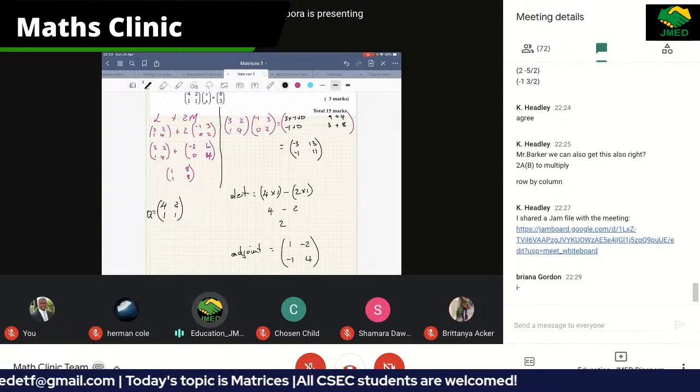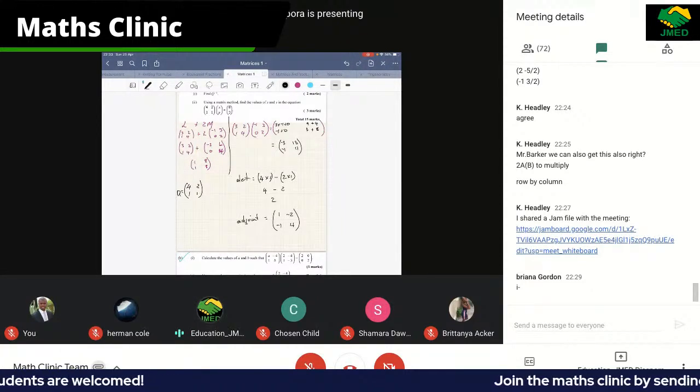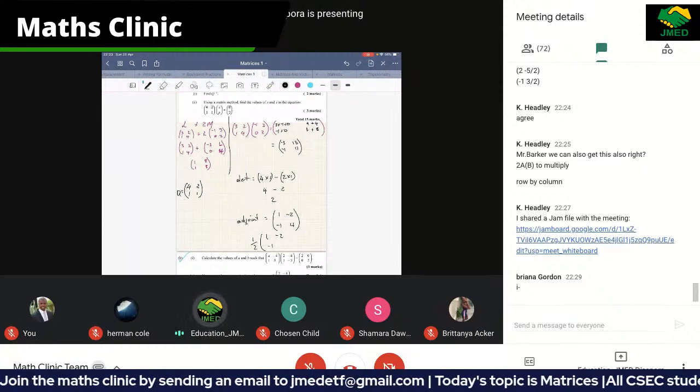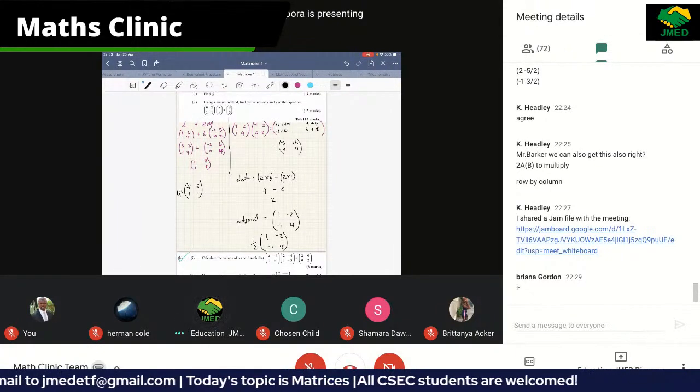And so the inverse becomes 1/2 of 1, -2, -1, 4. That's our inverse.